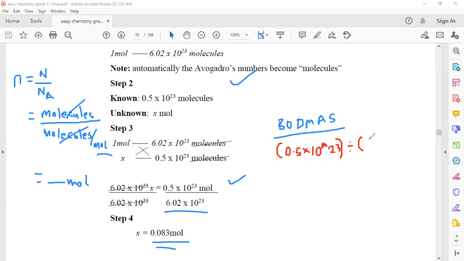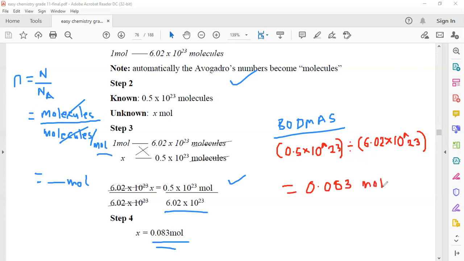Open bracket 6.02 times 10 raised to the power 23, then you close bracket, then definitely it will give you 0.083 moles.